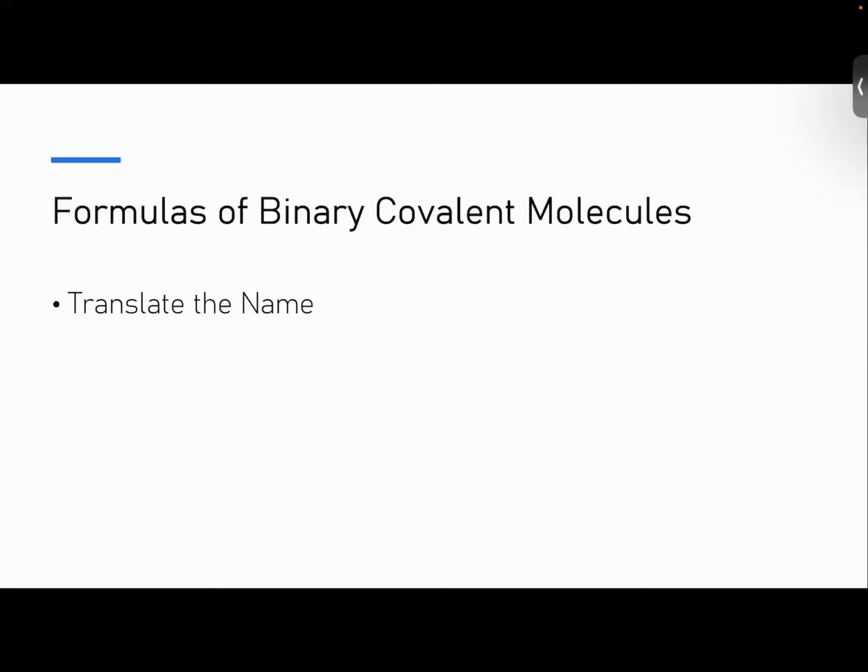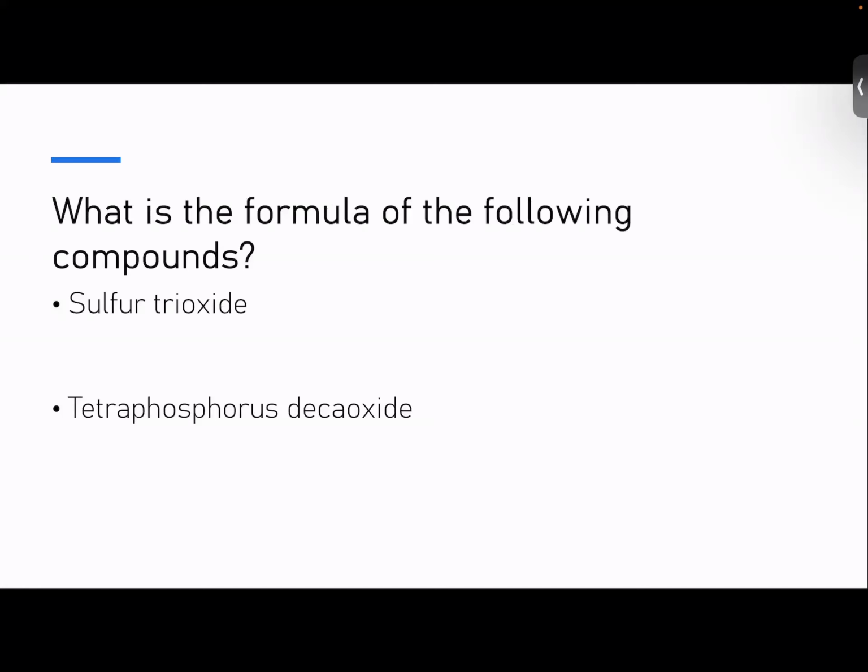To get to the formulas of binary covalent molecules, all we do is translate the name. Sulfur trioxide. No prefix means what? 1 sulfur. Tri means 3 oxygens. So the formula for sulfur trioxide is SO3.